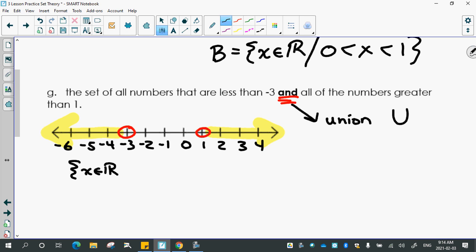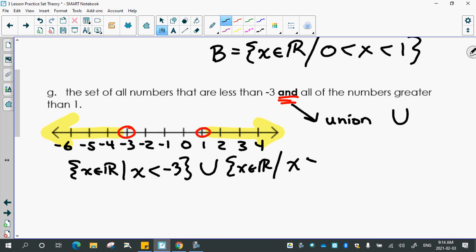So the set of all numbers that are, so X starts first, strictly less than -3, union, so joined with the set of real numbers that are strictly greater than 1.